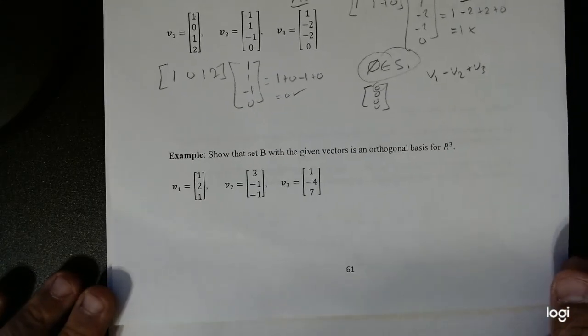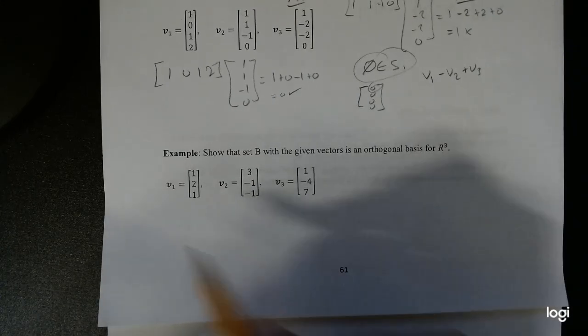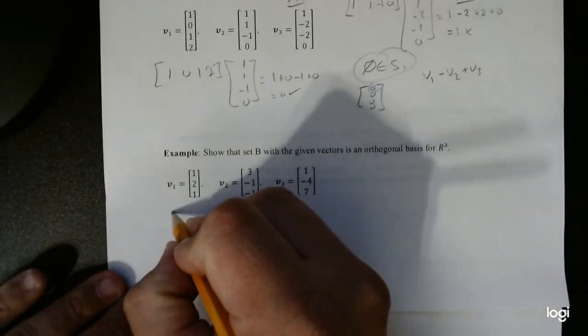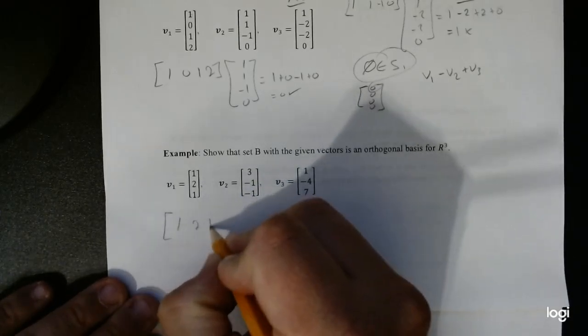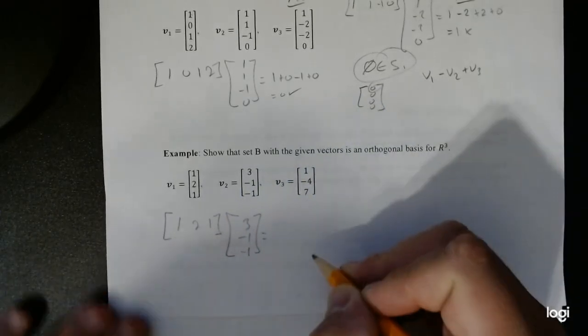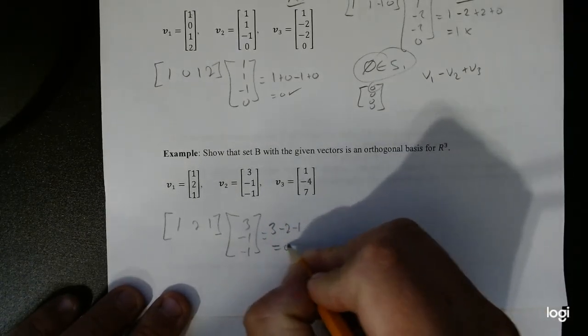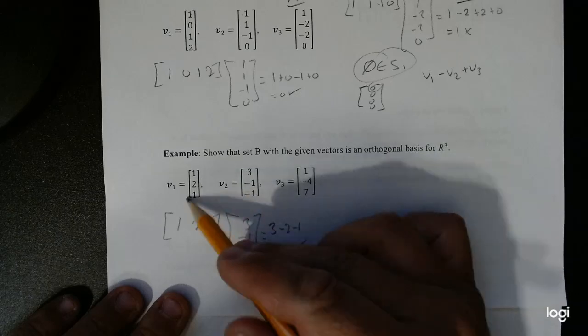Okay. All right, so when do they actually work out? Show that the set of vectors is orthogonal. All we have to do is show all arbitrary combinations. This gives me 3, negative 2, negative 1, which is 0. I'll do the other one.